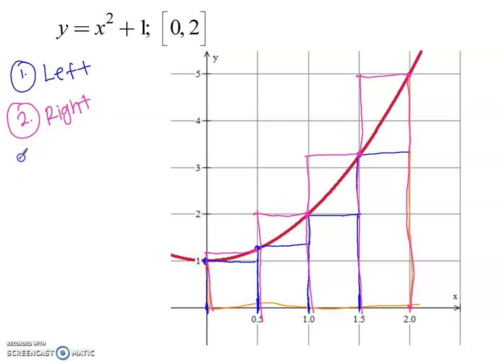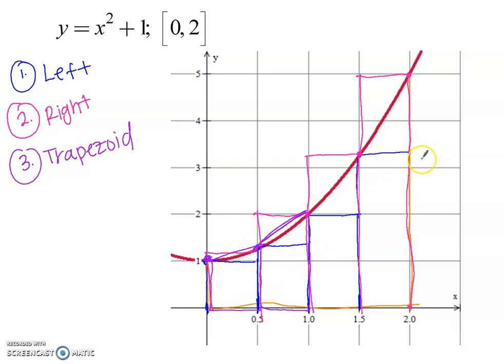So if we look at our third type, that's a trapezoid sum. What you would do is create little trapezoids. So you would connect these 2 points and create a trapezoid here. Same thing here, I would connect these points and create a trapezoid and so on.